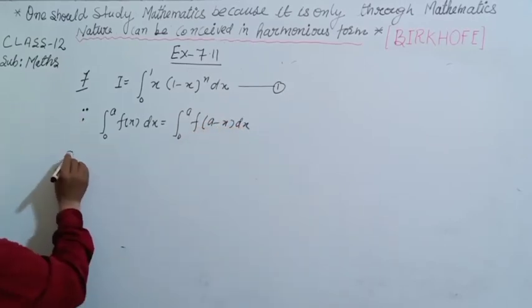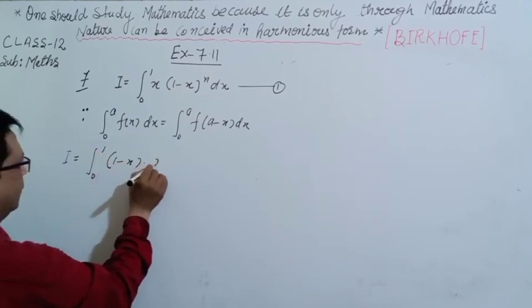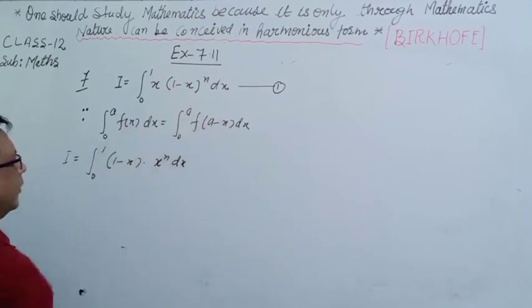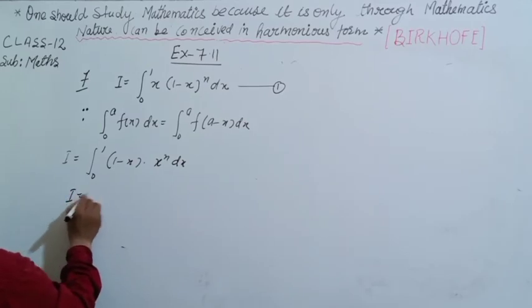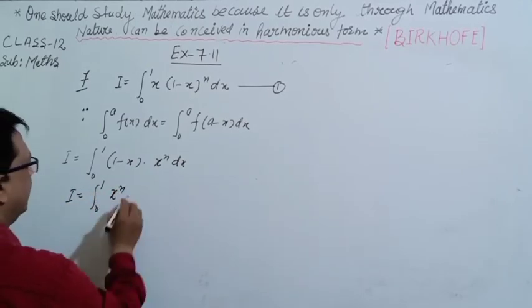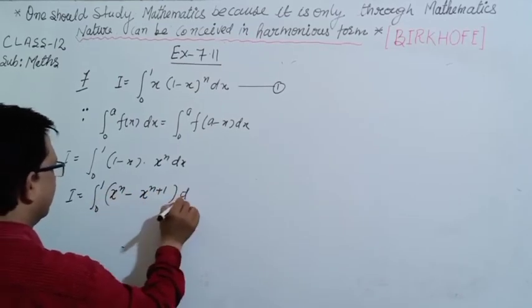Now after applying the property, we get 0 to 1, (1 minus x) into x power n dx. In place of x, we put 1 minus x. Okay. Now open the bracket. 0 to 1, this is x to power n minus x to power n plus 1 dx.